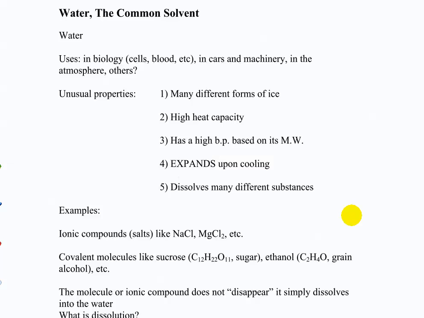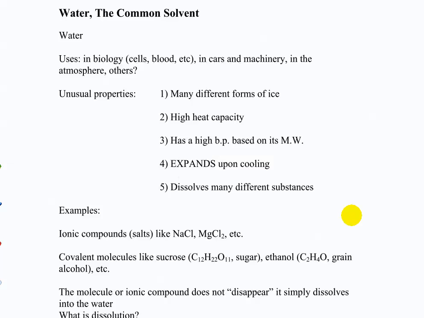It has a high boiling point for something that is as small as water is, molecular-wise. Remember, the other liquids on the periodic table are things like mercury and bromine, these heavy things. If you think about gasoline and oils, these are compounds with huge molecular weights, and water is so small.